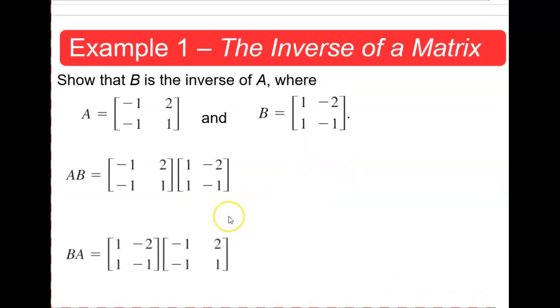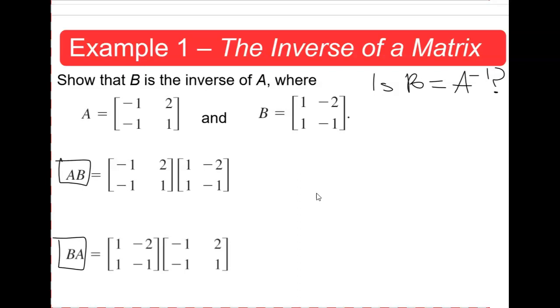So for example 1, we are going to verify or show that B is the inverse of A. So the question here is, is B equal to A inverse? And this is a question. The way we're going to verify is by multiplying AB and then BA.